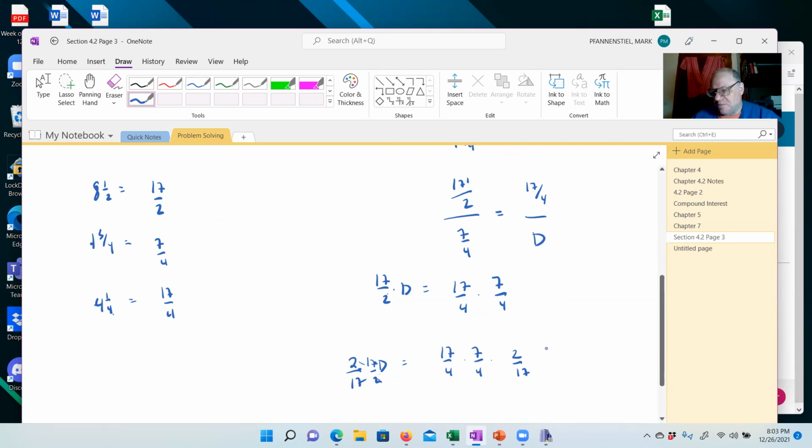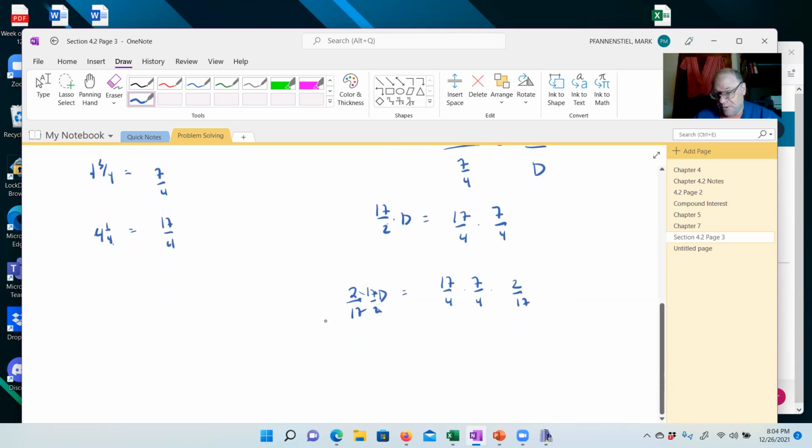We don't have to multiply by 17 halves over here because it didn't start over here. We're just multiplying both sides by the same thing. So look at this, there's a 17, there's a 17.